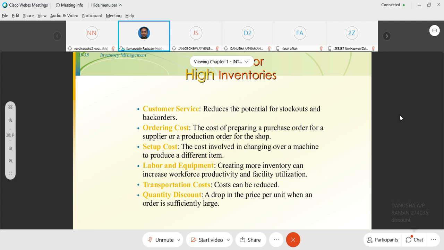And also, we have a quantity discount, a drop in the price per item when an order is sufficiently large. So some organizations try to get the quantity discount and need to buy in large volumes from their supplier.